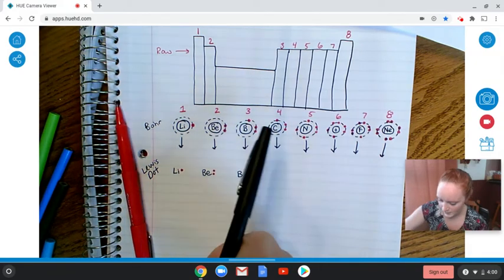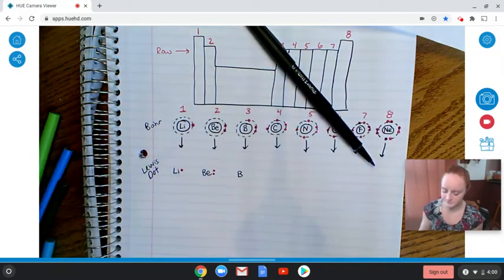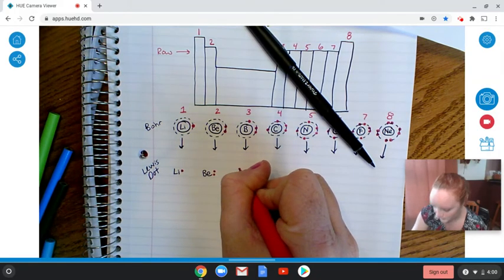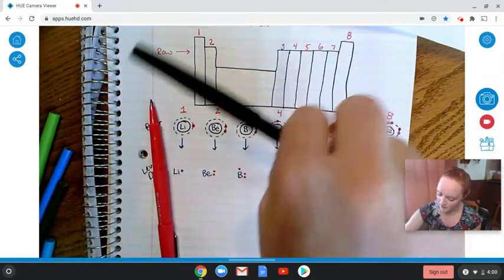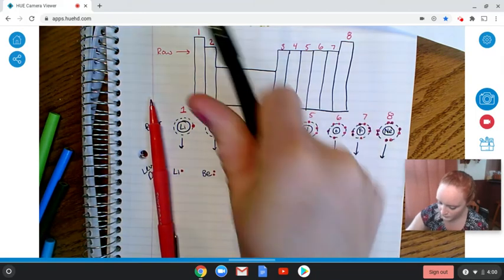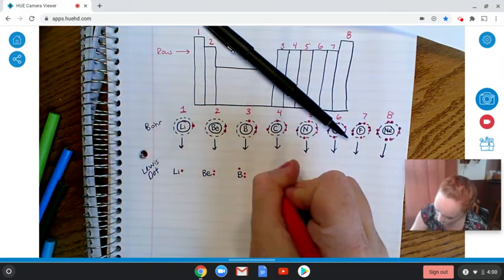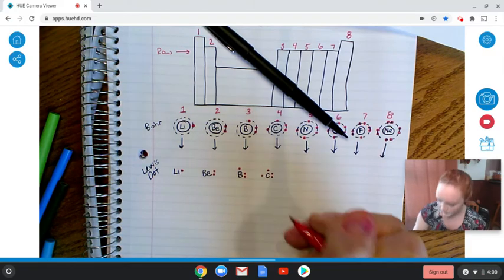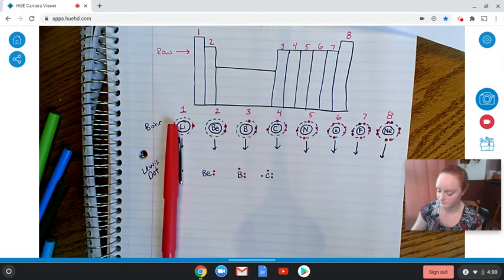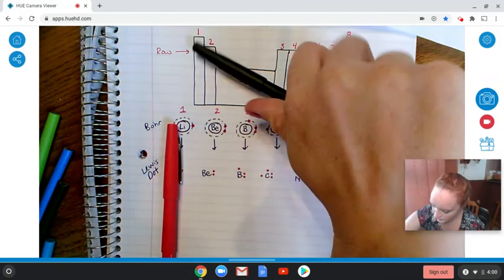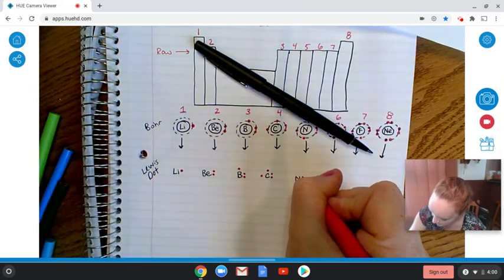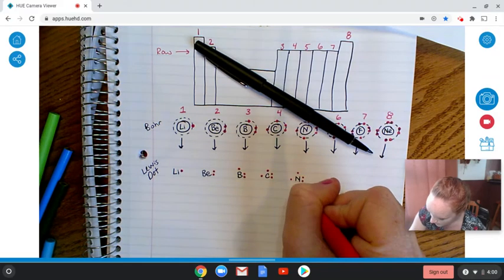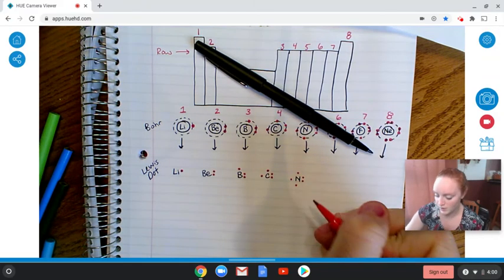Boron has 3. So we put 2 valence electrons at 3 o'clock and 1 valence electron at 12 o'clock. Carbon has 4 valence electrons, 2 at 3, 1 at 12, 1 at 9. Nitrogen has 5, 2 at 3, 1 at 12, 1 at 9, and 1 at 6.